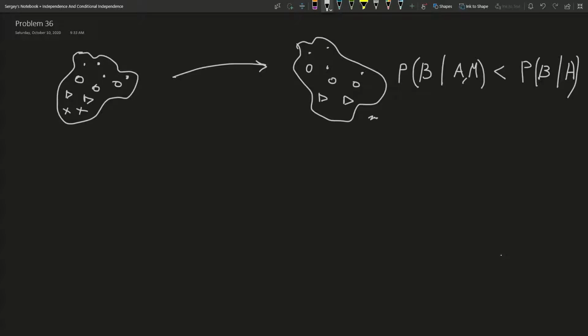So what that means is, given that we've been accepted, knowing that we are good at math makes it less likely that we're also good at baseball compared to not knowing that we're good at math, just knowing that we are an accepted student and just considering the likelihood of being good at baseball. So this is what we need to explain.